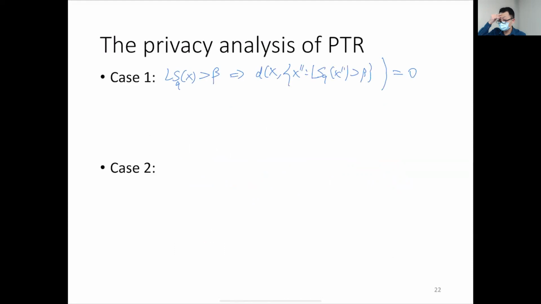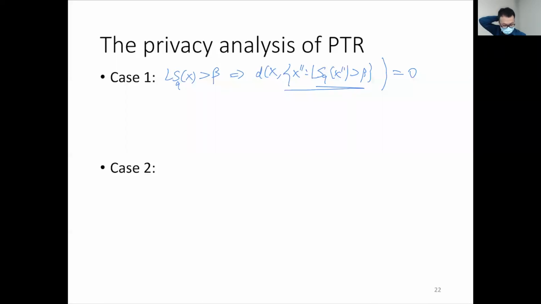This is because the fact that the local sensitivity of X is larger than beta indicates that X is within this set itself, and the distance of X to itself is equal to 0.